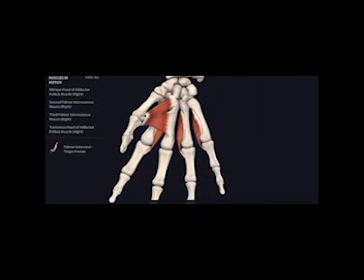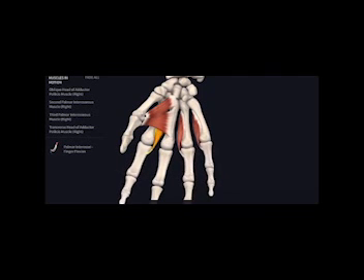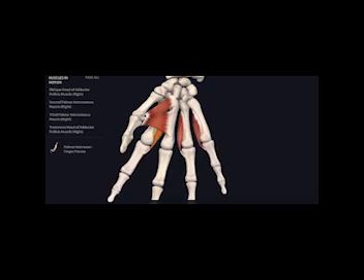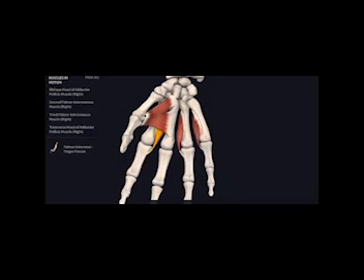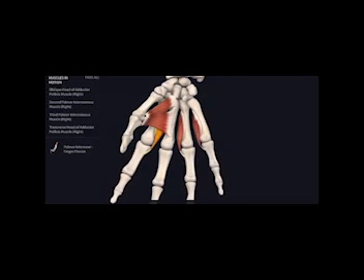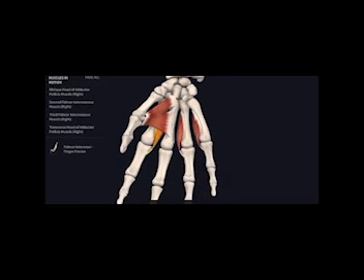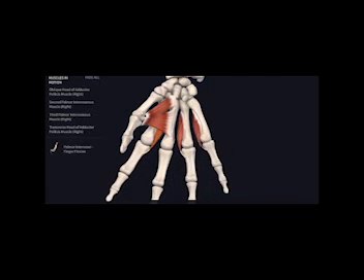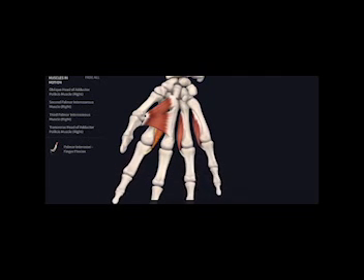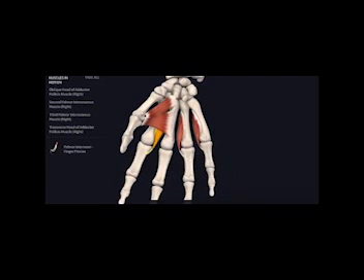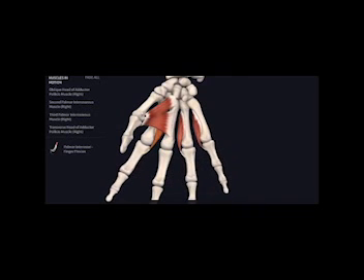How come we don't have a fourth one, with the first metacarpal moving towards the third? Because we do that movement, but that movement of adduction is actually completed by the adductor pollicis we saw earlier, the transverse and oblique heads. Because of that, we don't have a palmar interosseous muscle between the first and second.